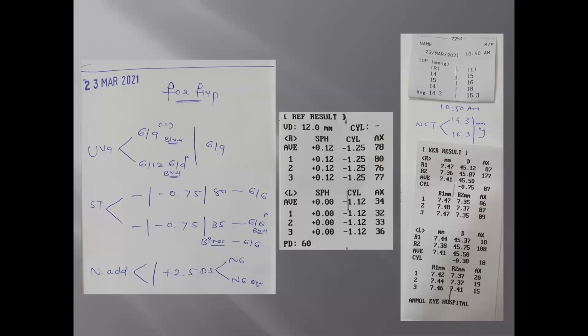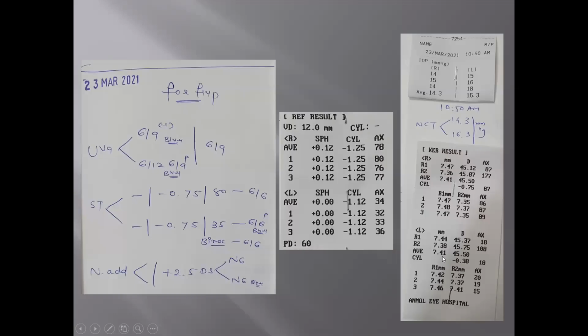That is because it is giving 0.38 cylinder at 18 degree, which is almost a right angle to 96. So the cylinder of 1.13 has corrected to 0.38 at 18, almost 1.5 diopter cylinder corrected with the limbal relaxing incision.